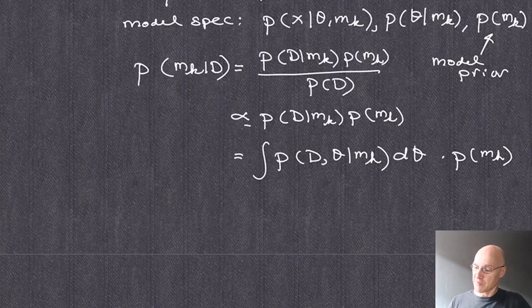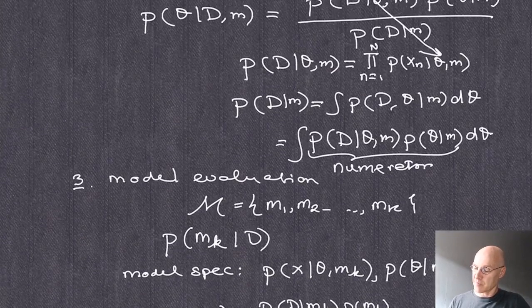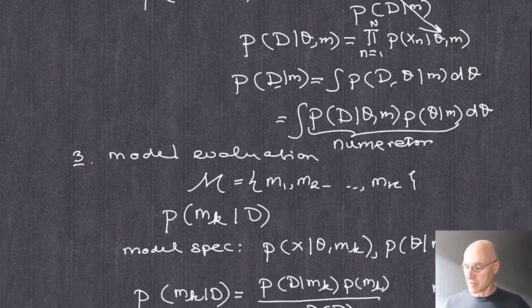We did this before as well, when we added the parameters in parameter estimation. We go from here to this formula. We added the parameters, a sort of reverse marginalization. That's called in statistics extending the conversation. You extend the conversation to include another set of variables.